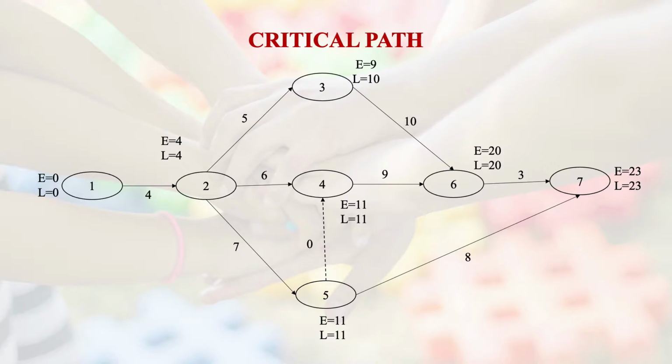Now that means our path is going to be 1 to 2 is assured, but 2 to 4, as you remember, we have got 10, whereas 2 to 5 and back to 4 we have got 11. So our critical path is going to be 2 to 5 because 5 is also a critical event.